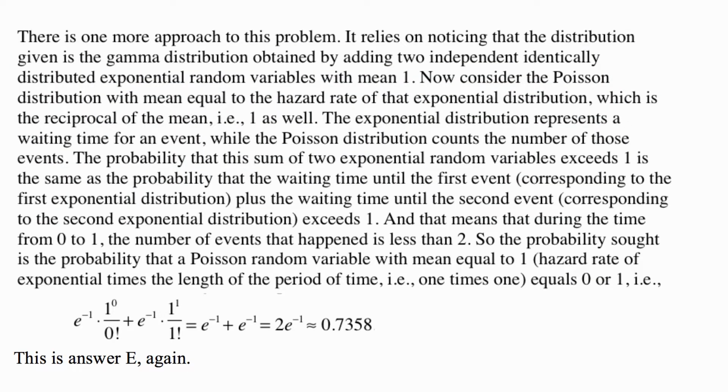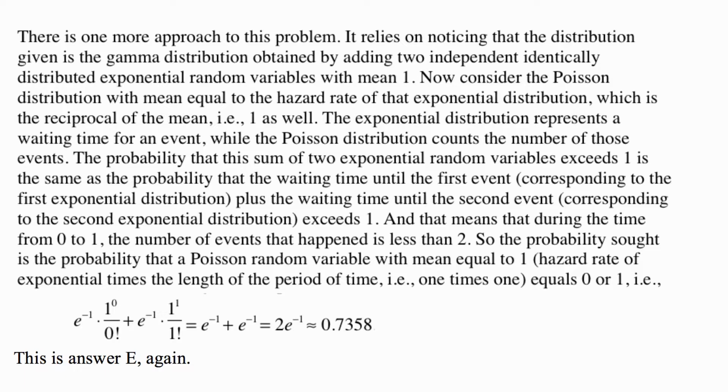And here is the key story, the alternative approach. There's one more approach to this problem. It relies on noticing that the distribution given is the gamma distribution obtained by adding two independent, identically distributed exponential random variables with mean 1. The density of an exponential random variable with mean 1 is e to the minus x for x greater than 0.